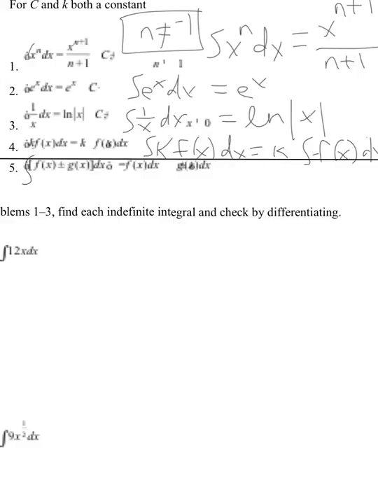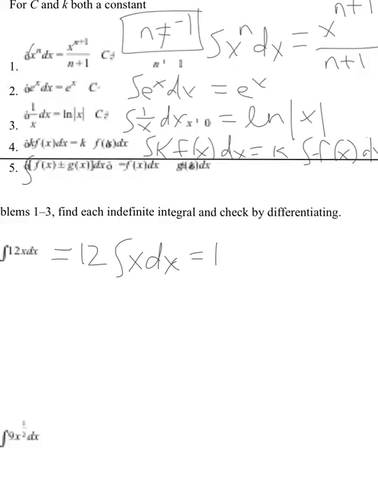So this is going to be the same thing as 12 times the indefinite integral of x dx. Now, what is the exponent on the x, even though I don't see it? 1. It's a 1.